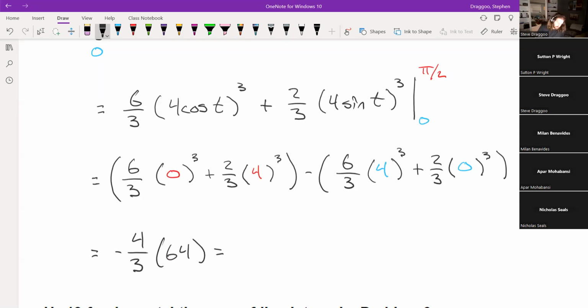So 4 times 64, that's a power of 2, must be 256 over 3. Still working, awesome. So that was our answer to the line integral.